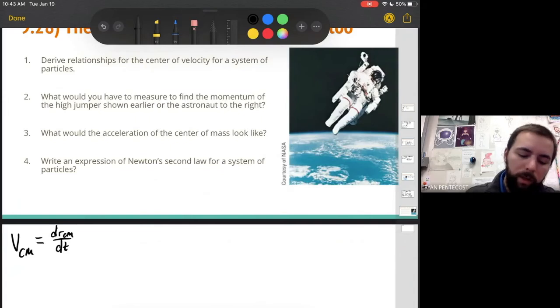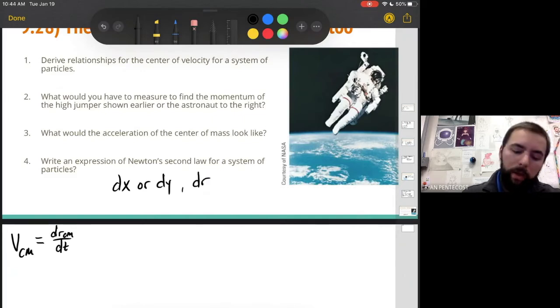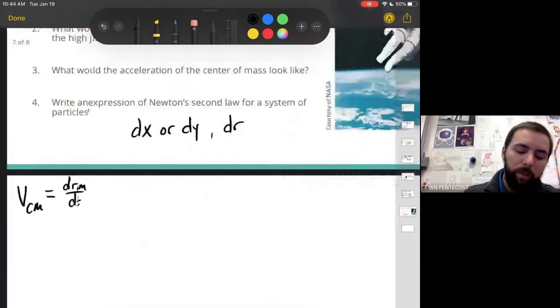We're going to say r just describes both x and y, right? Instead of saying dx or dy, we're going to combine them to say dr, right? So this is not an x and y, this is in the xy plane. So we have dr, center of mass, divided by dt.